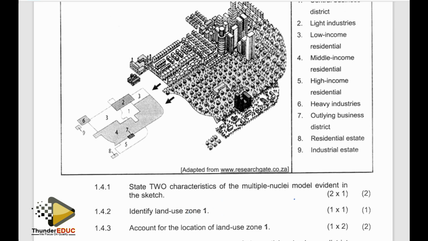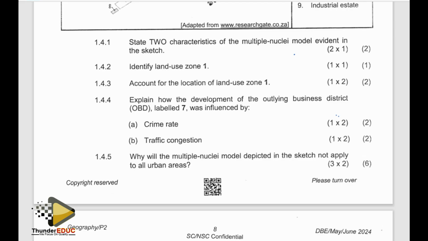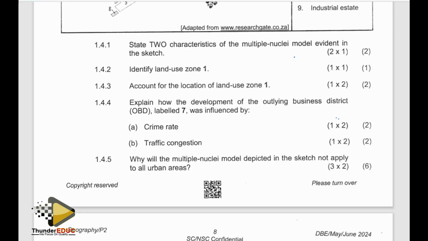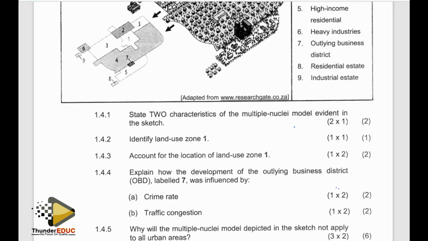So if the government policy does not conform to what is here, that city can never resemble what is shown by that model. The government or the local authority plans how the city should be structured. So if the plan is not compatible with how the model suggests the distribution of land use, the model cannot be applicable to that city or town.